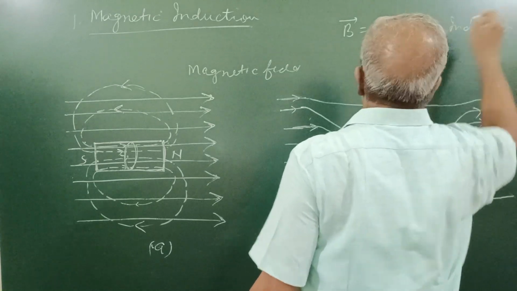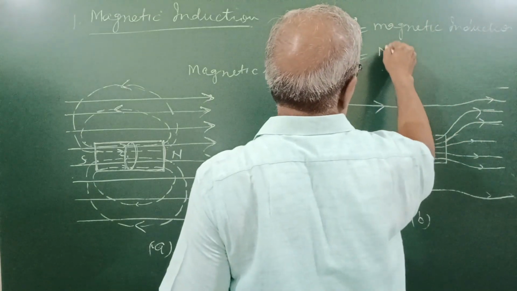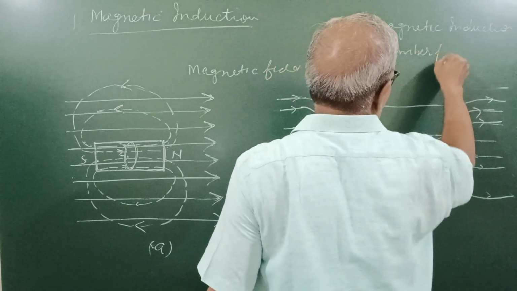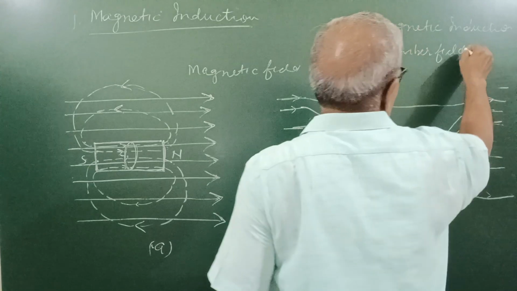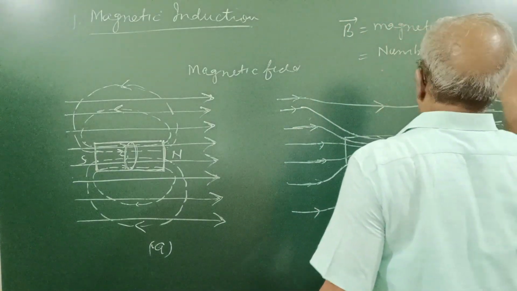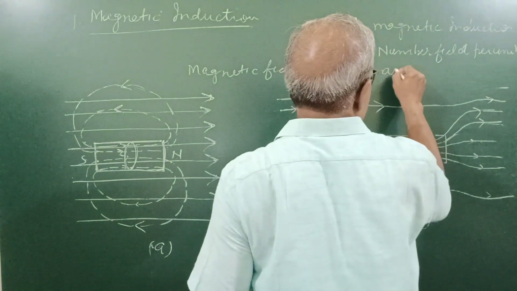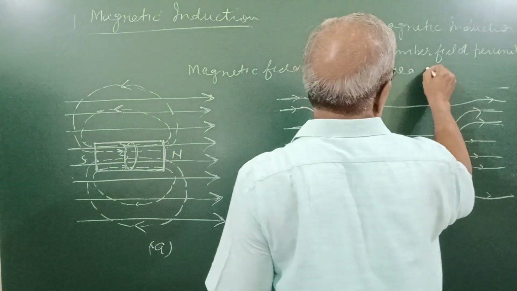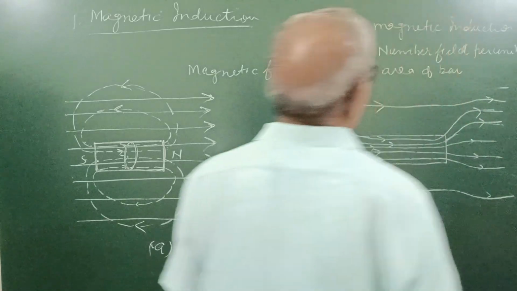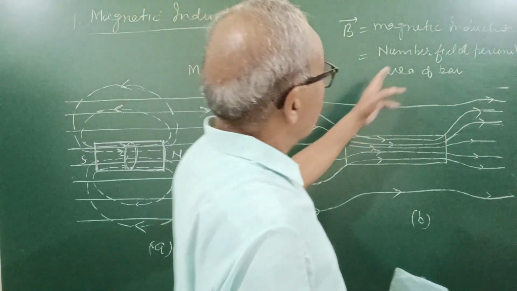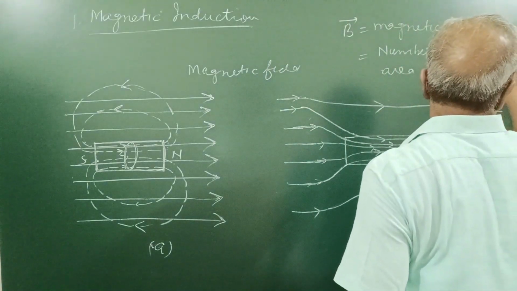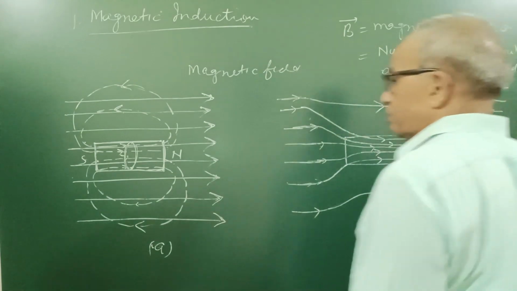It is equal to the number of field lines per unit area of the bar.